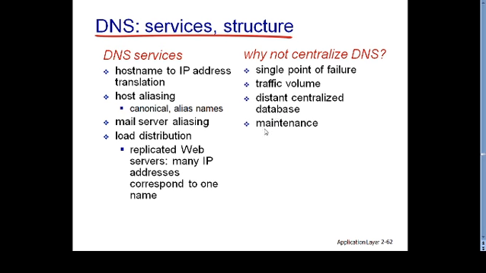And the fourth point is maintenance. If you keep your centralized DNS server in a maintenance stage, then during that period the service is not available for the clients. So these are some points because of which we do not have a centralized architecture for the domain name system.